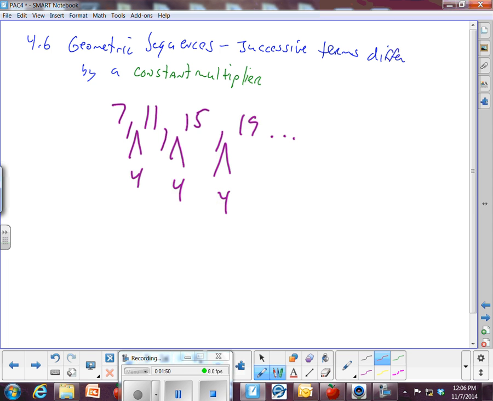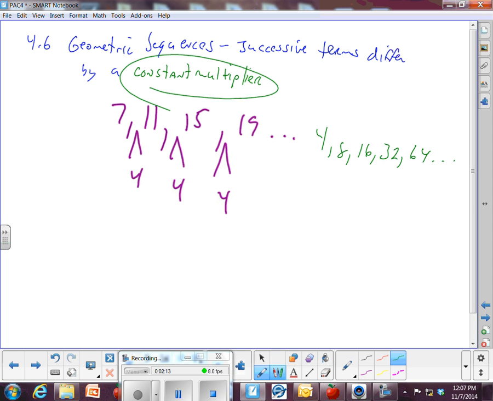What about a geometric sequence? Again, don't write this yet. I'll give you an example for your notes in a minute. But if I had 4 and then 8 and then 16 and then 32 and then 64, this is a geometric sequence. And what we want to look at on this one is, what's the constant multiplier?